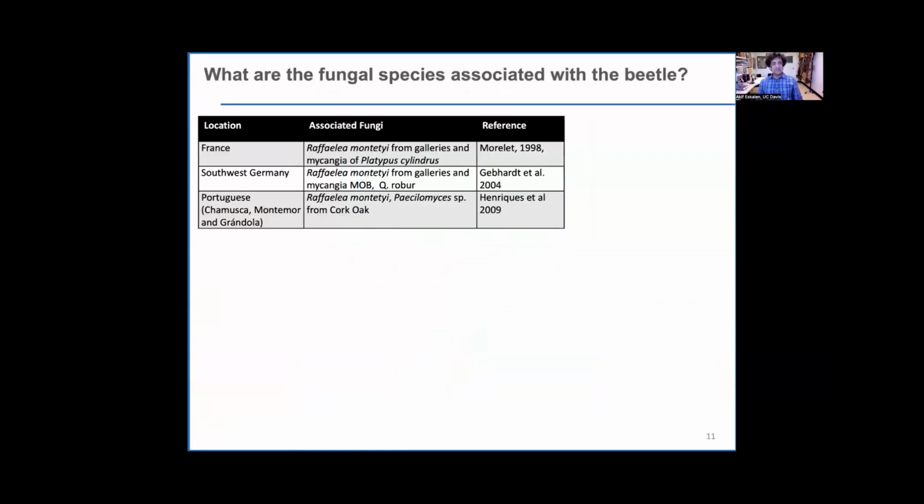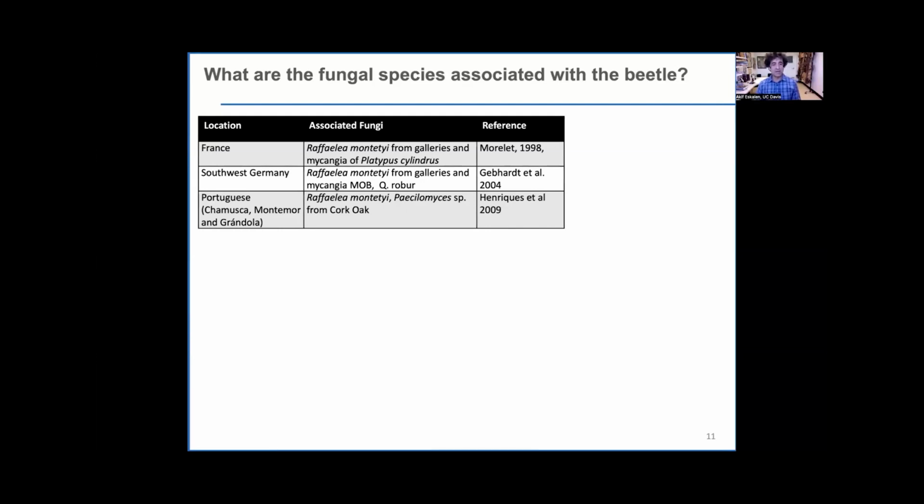So when we look at the literature, Raffaelea montagiae is the species that we isolated, but we are not the only ones who identified this fungus. In the past, in 1998, it was also identified from another beetle, Platypus cylindrus, in France.